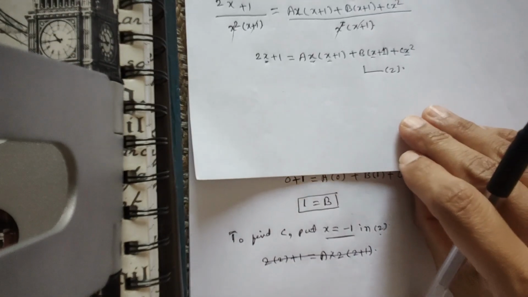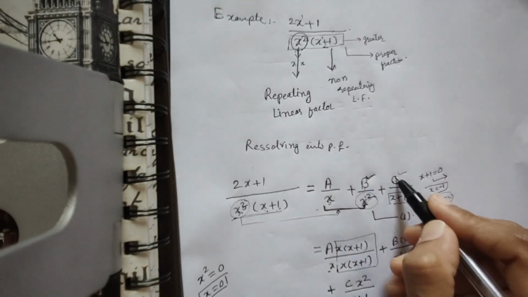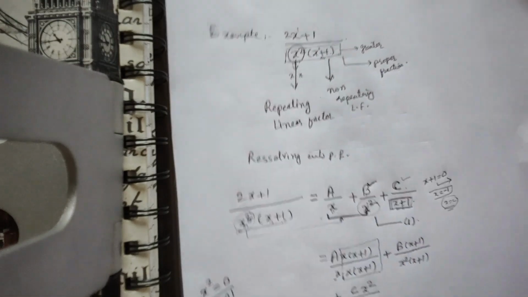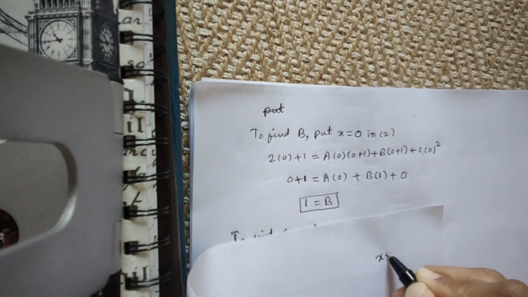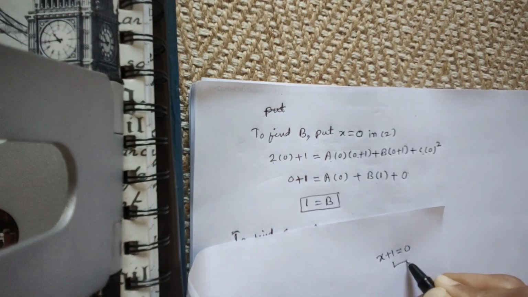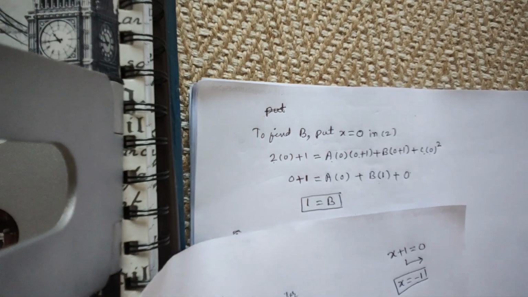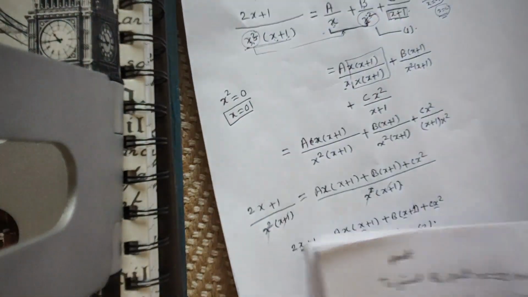And how do I get this x equal to minus 1? I will go back to equation 1 and observe the denominator of C. It is x plus 1. And I will equate that denominator with 0. So x plus 1 equal to 0. Just shift this 1 to this side. x equal to minus 1. That's how I get x equal to minus 1. So I am just substituting this x equal to minus 1 in equation 2. So what will I get?